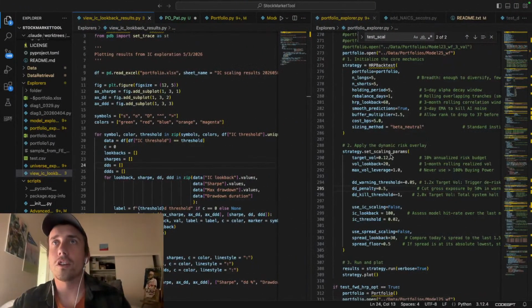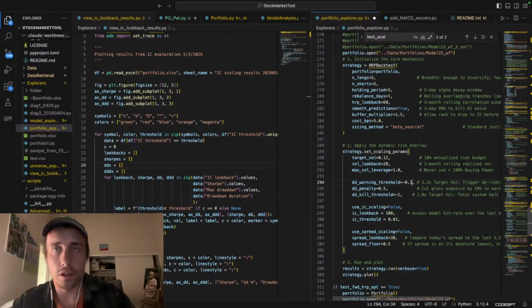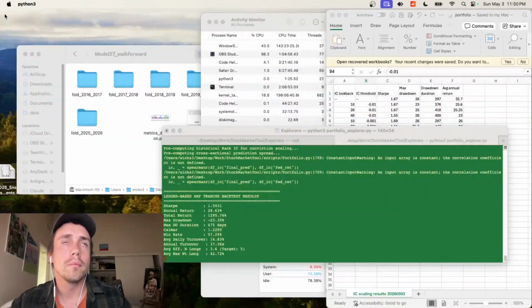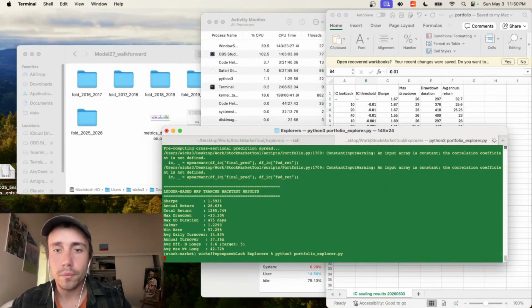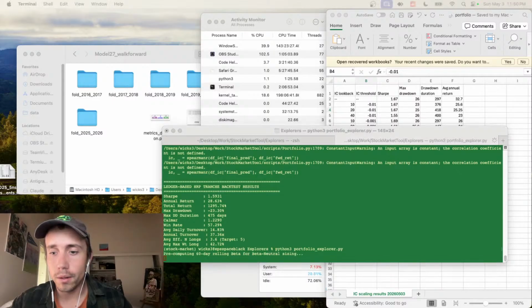So what if I change the drawdown warning threshold? It's set at 0.1, but make it more intense. Scale it down to 0.2. Let's see what happens.